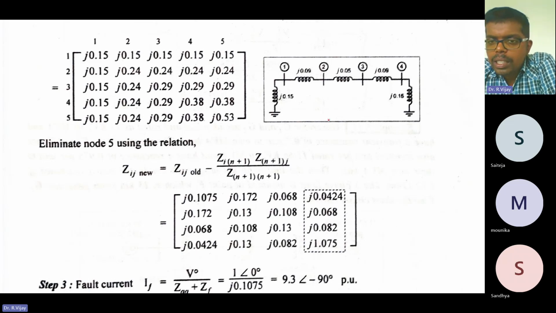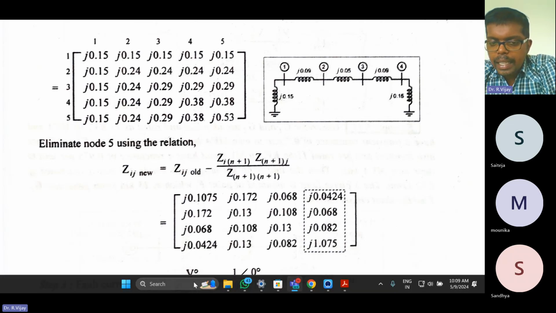This into this, that is j into 0.38 into j into 0.15, the whole divided by j into 0.38 plus j into 0.15. Just calculate it.